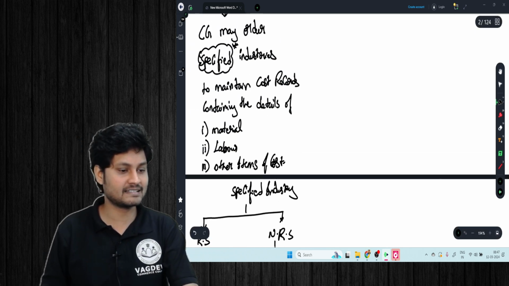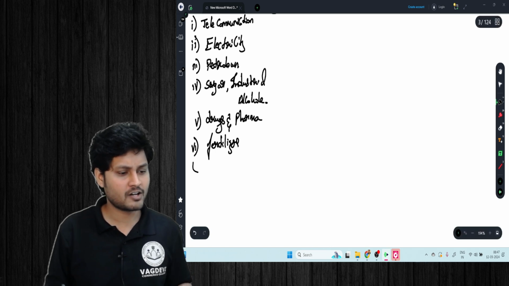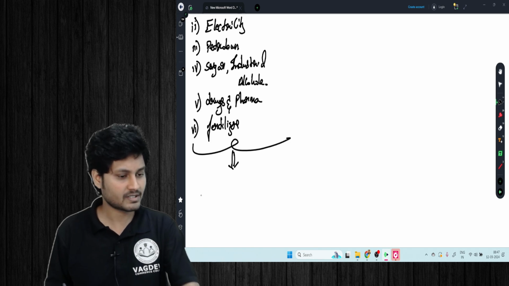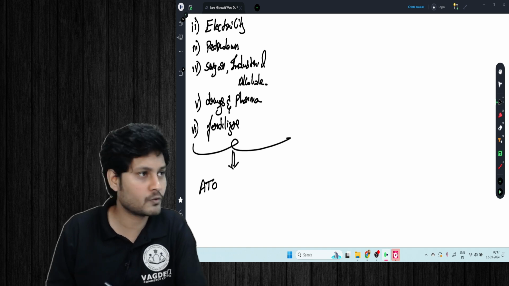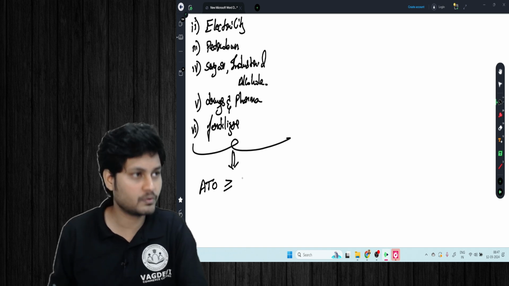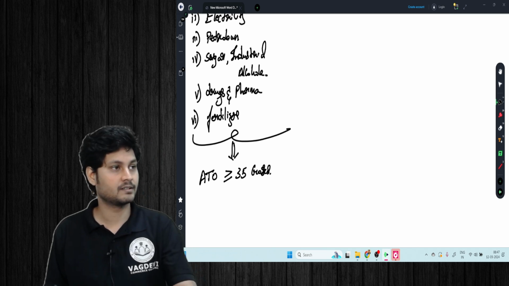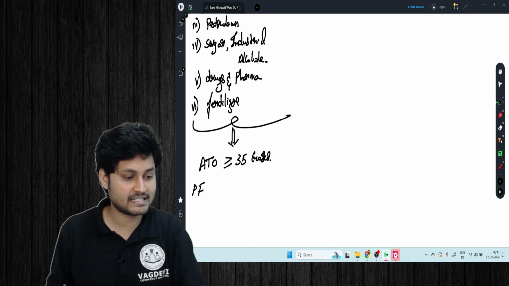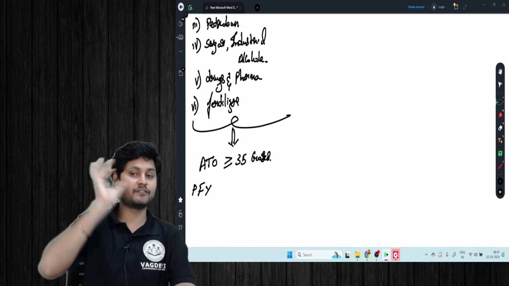Okay, cost record maintenance is applicable. It may be a regulated sector or a non-regulated sector. For both, what is the applicable turnover limit? Aggregate turnover of the preceding financial year, more than or equal to 35 crores.